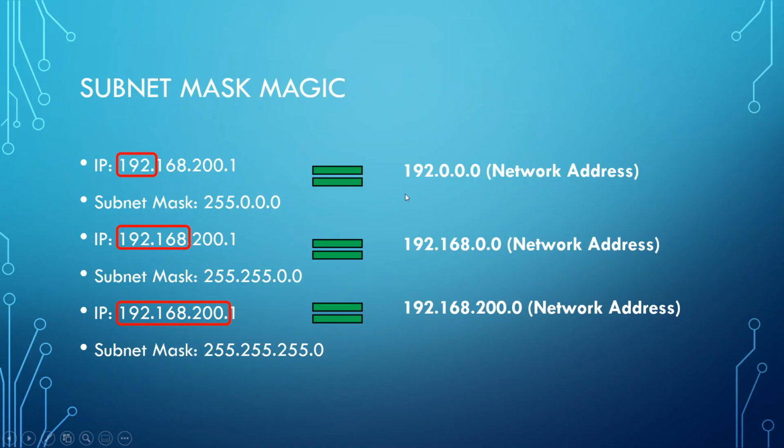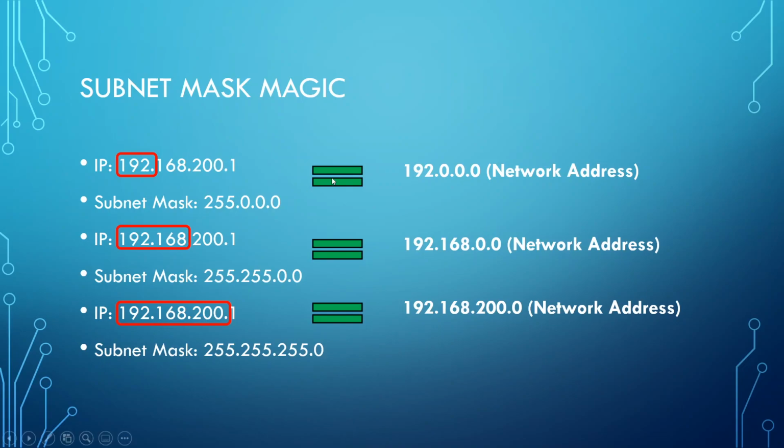It's important as depending on the subnet mask dictates, essentially it dictates what decimal numbers have to be the same for devices in that network.